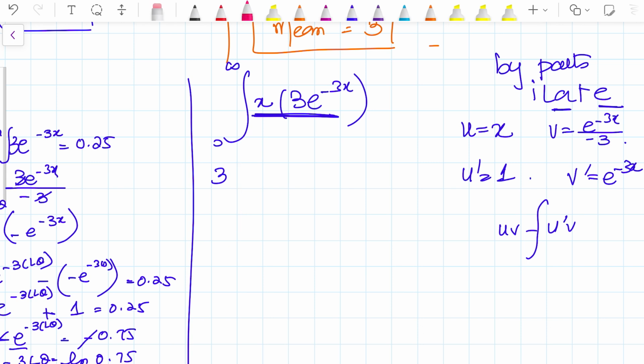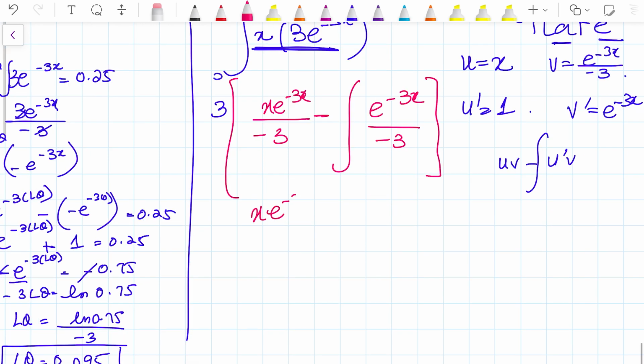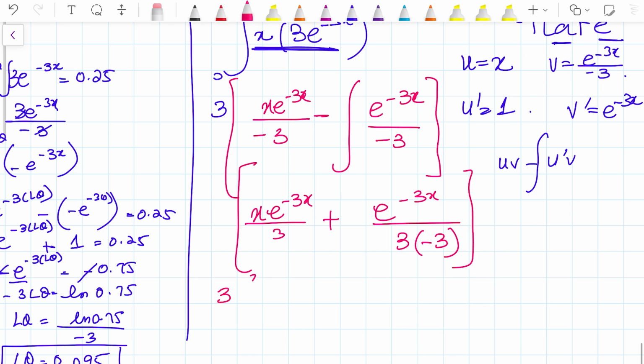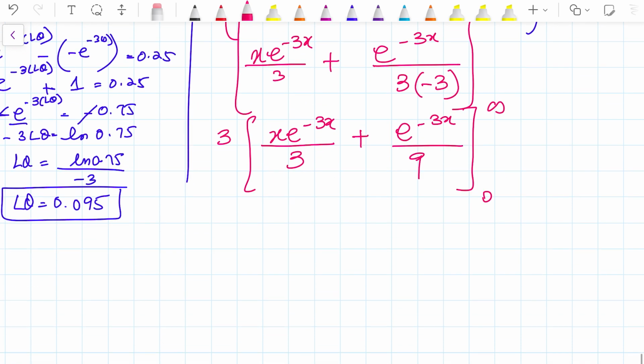So this becomes uv, x e to the minus 3x upon minus 3, minus u bar v. Now x e to the minus 3x upon 3 plus e to the minus 3x, copy it down, divided by the differential of the power. Now put the limits of infinity and 0.